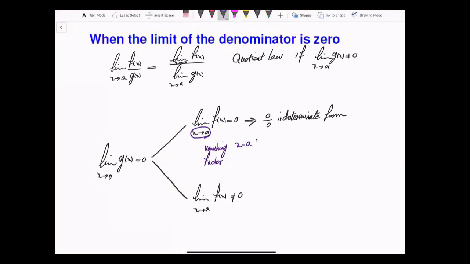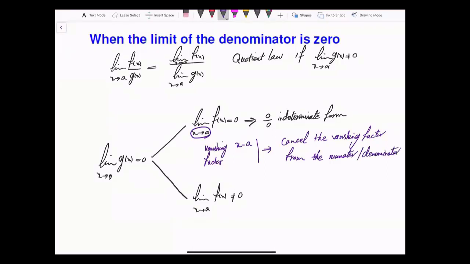So find the vanishing factor in both the numerator and the denominator, and then cancel the vanishing factor from the numerator and the denominator.